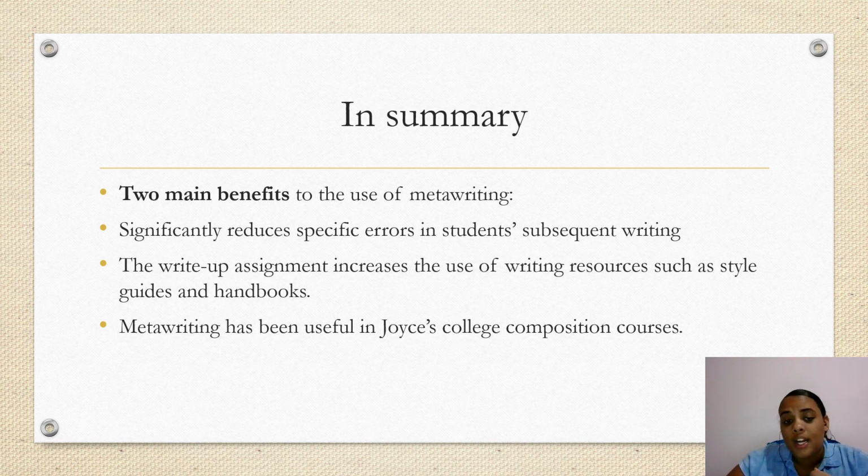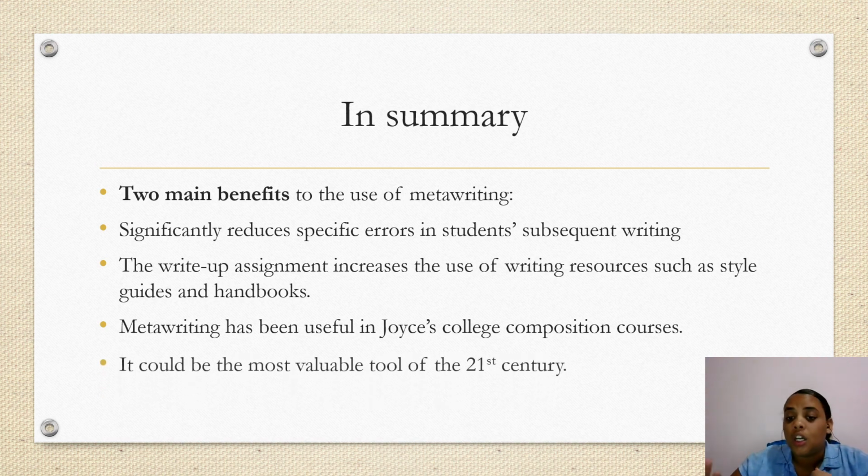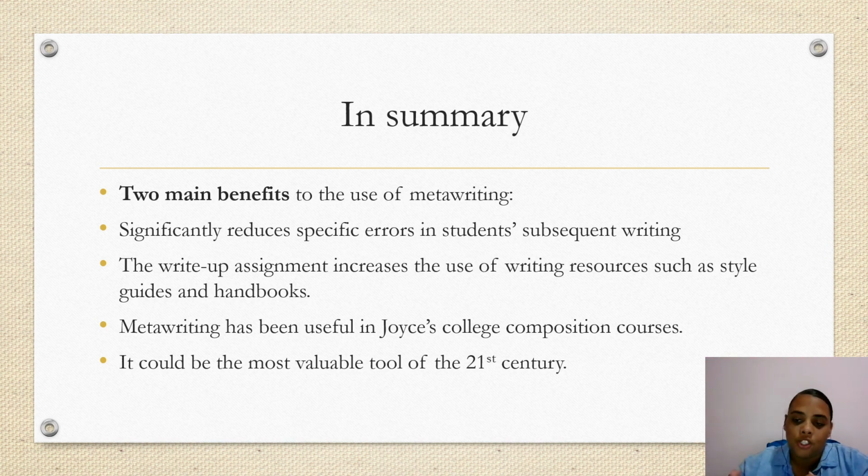Because we always associate writing with reading. As well, meta writing has been useful in Joyce's college composition courses. So this is to stress that he does not state that this specific tool or strategy of meta writing can be useful at the post-secondary level. However, he does encourage further examination and research on the topic.